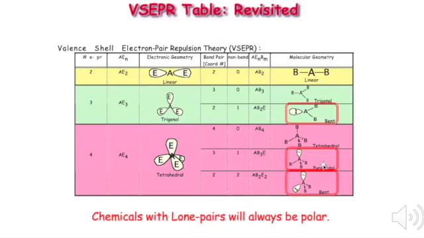When you have a bent or pyramid shape, whenever you have a lone pair on the central atom, it's automatically polar because it distorts the geometry. When the geometry of a molecule is not symmetric, it's going to be polar. If the geometry is symmetric, it's going to be nonpolar because the electrons are evenly distributed around the entire molecule.